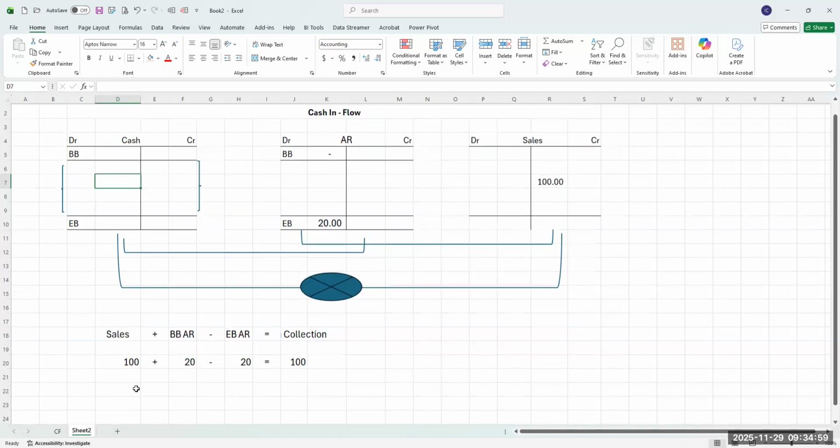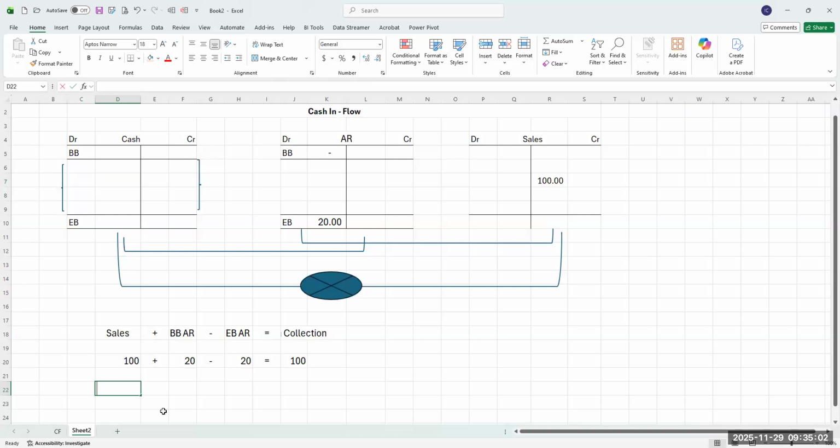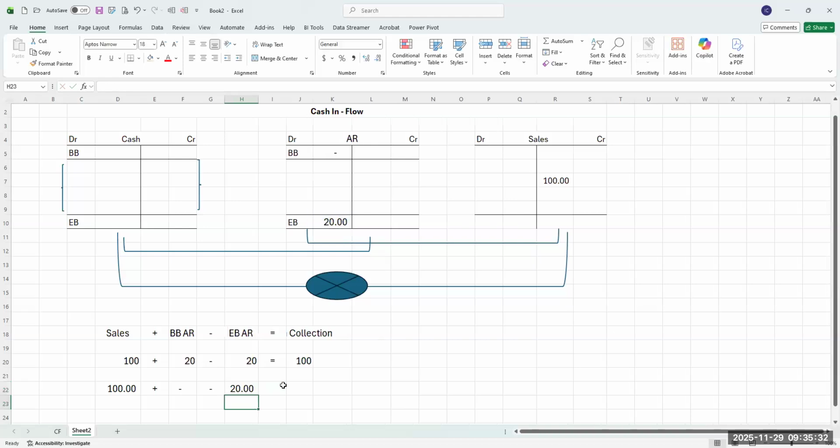My sales are 100, plus my beginning balance of accounts receivable, which is 0, minus my ending balance in accounts receivable, which is 20. How much cash did I collect? $80. Does that make sense?